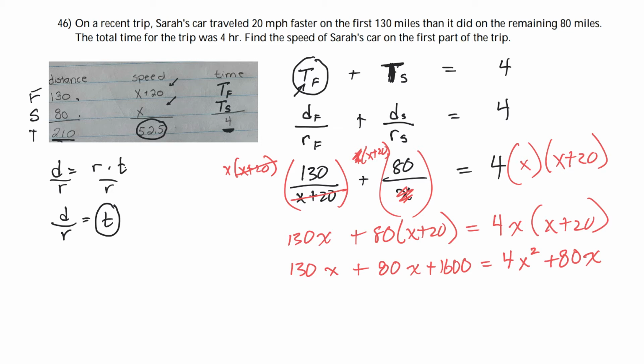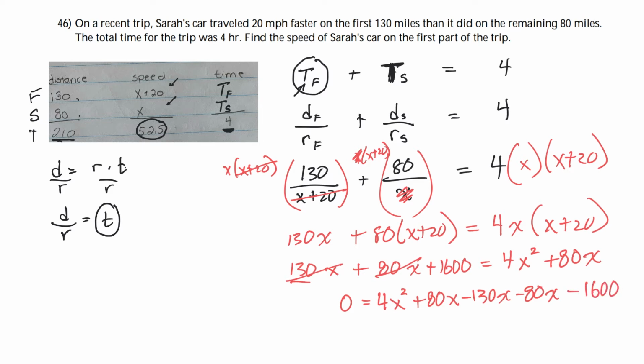Let's move everything over to the right, and we'll get the left to be 0. So I have a 4x squared plus 80x, and then minus 130x. So that's gone. Minus another 80x, gone. And then minus 1600.